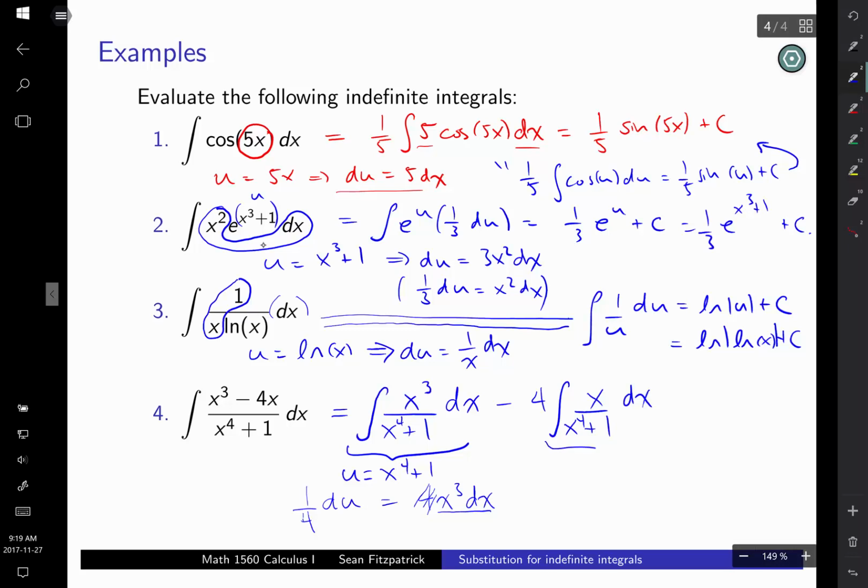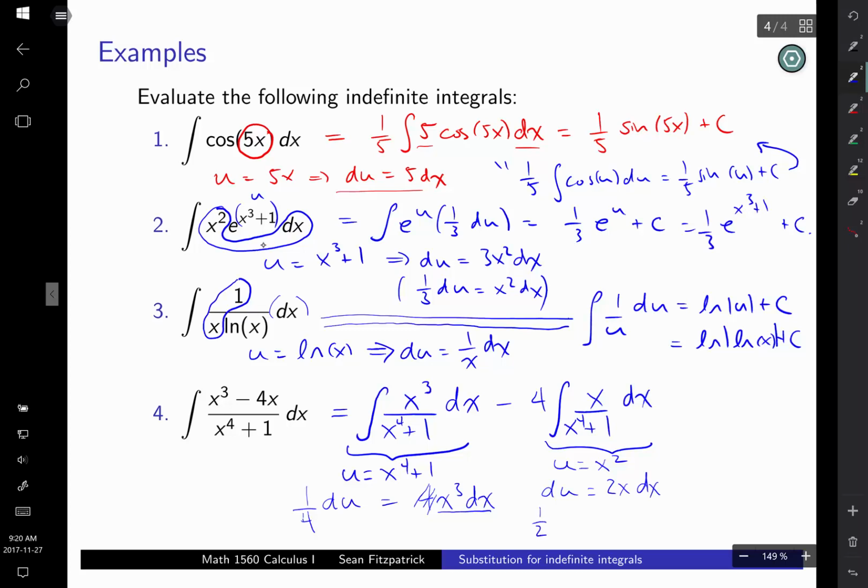We can do that. What about this one? Now this one is a little bit trickier, and this is one where you really have to remember some of your different integrals. It turns out that the substitution you want to do here is, you need to recognize that x to the 4 is x squared squared. If I let u equal x squared, du is 2x times dx.